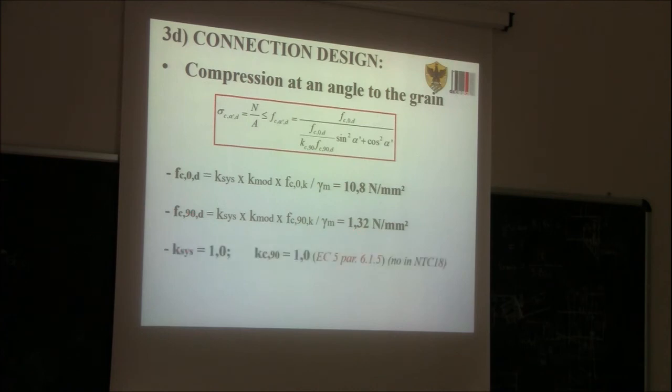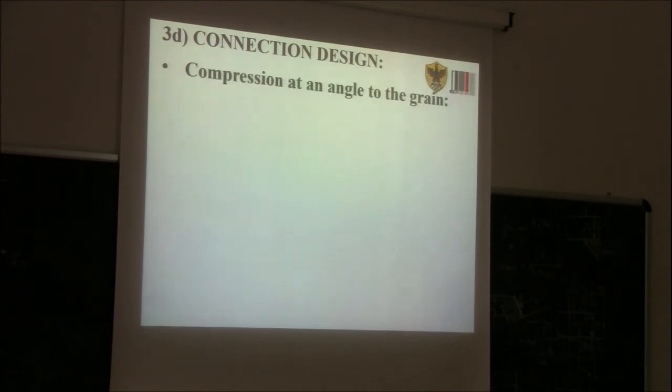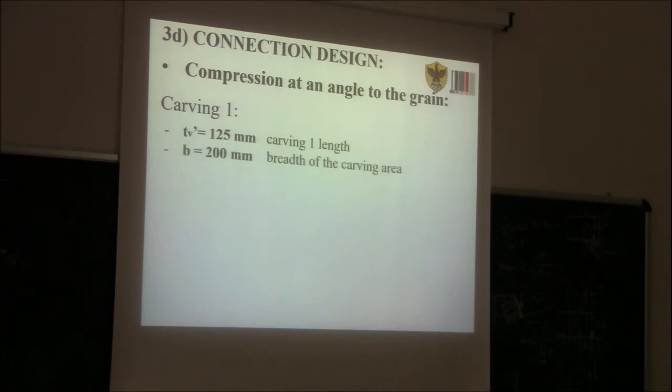K6 is 1, Kc90 can be assumed equal to 1. So, carving 1, TV prime, which is the inclined length of the notch, is 125 millimeter. B is 200 millimeters, the breadth of the carving area. F1 is 86 kN, the compression force.